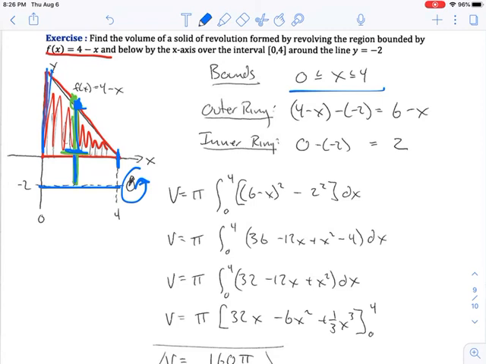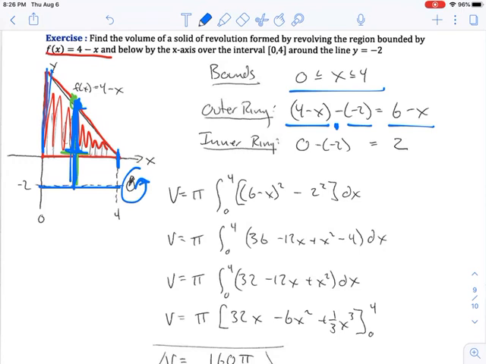To be consistent with the way we did it, subtracting, you're going to take the function value, 4 minus x, minus the -2. Notice that minus the -2 becomes plus 2. So 4 minus x plus 2 becomes 6 minus x. So the distance here is 6 minus x.